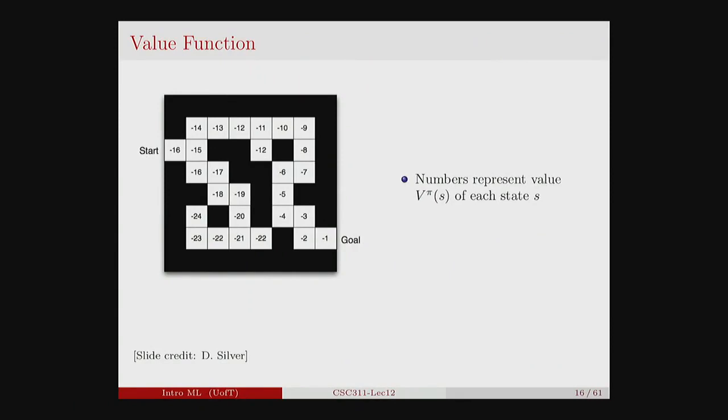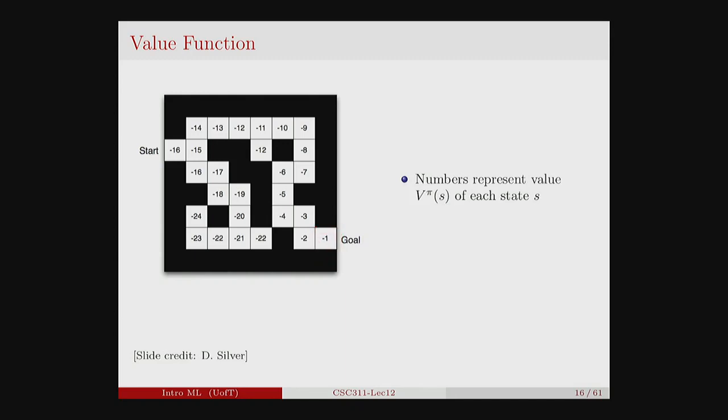And so you can ask, for the choice of policy that I showed you in the previous slide, what is the value function? And you can write down the equations that correspond to the value function by computing the equations that I mentioned before. The easiest way to see that is to think about what happens right before the goal state.